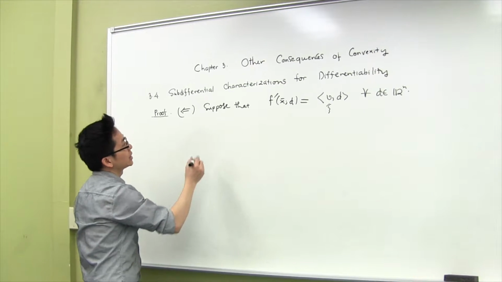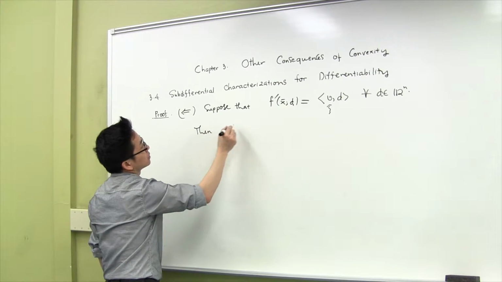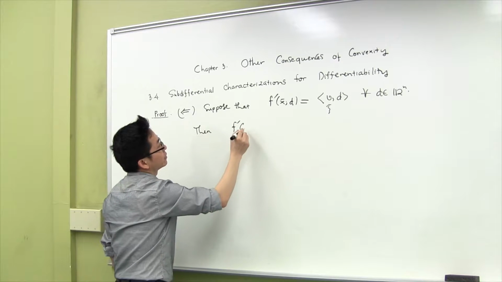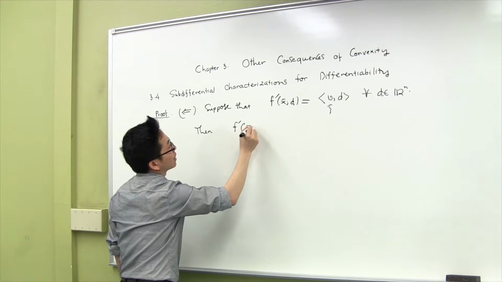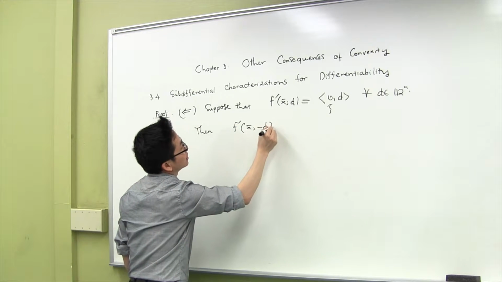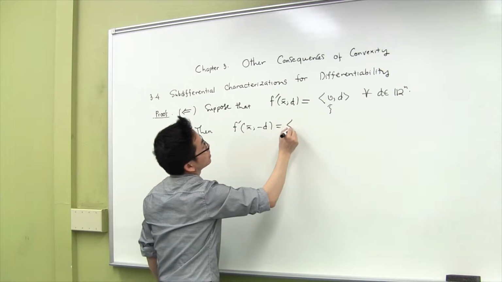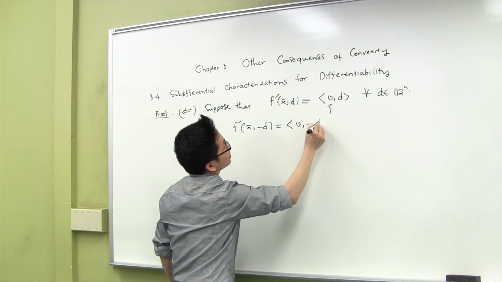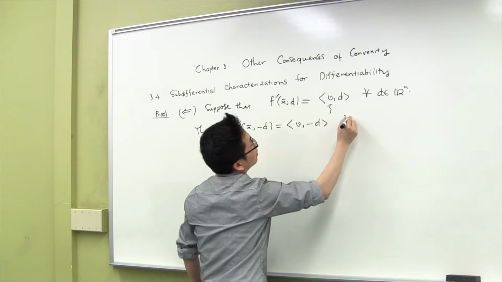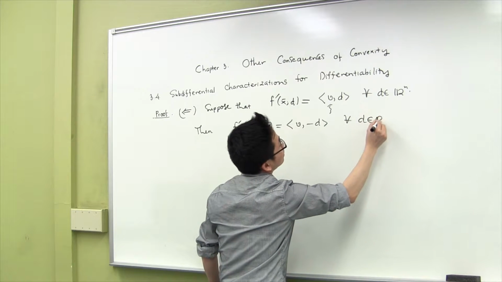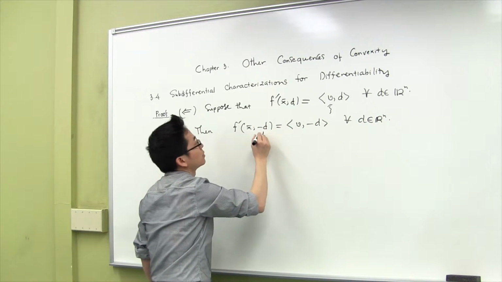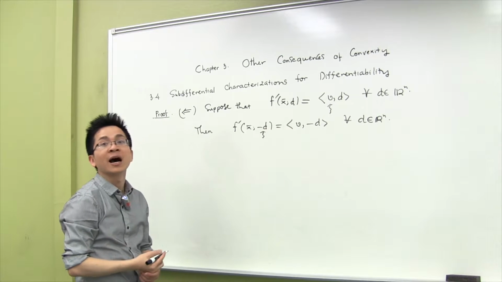From here we see that the directional derivative of f at x bar in the direction minus d is also equal to the inner product of v and minus d for all d in Rn, because minus d is also an element of Rn.